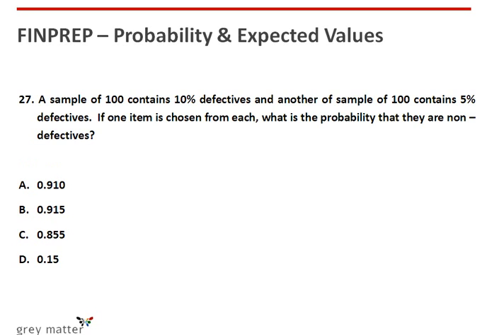27th problem, a sample of 100 contains 10% defectives and another sample of 100 contains 5% defectives. If one item is chosen from each, what is the probability that they are non-defective?